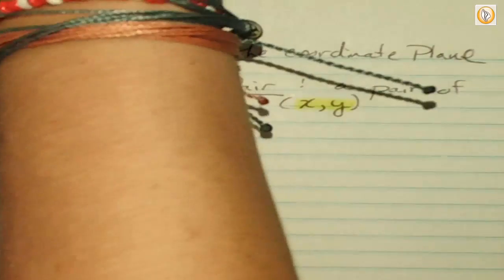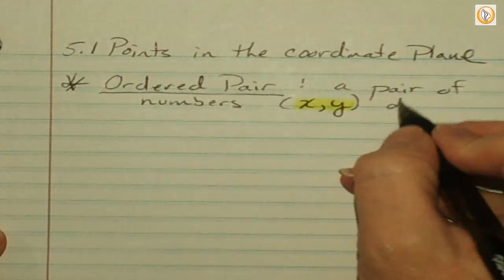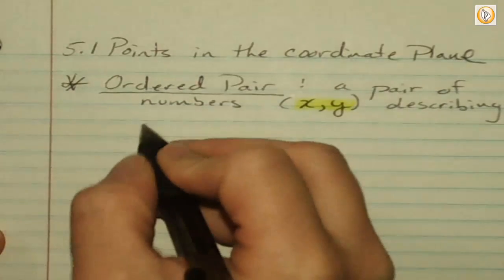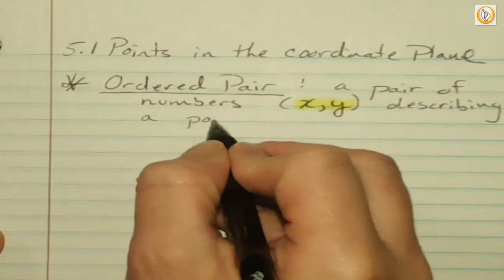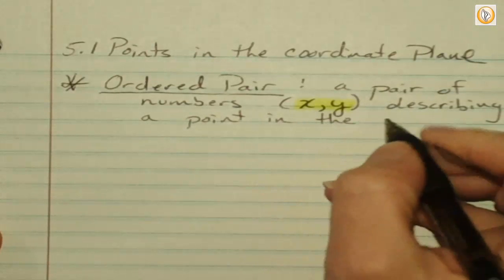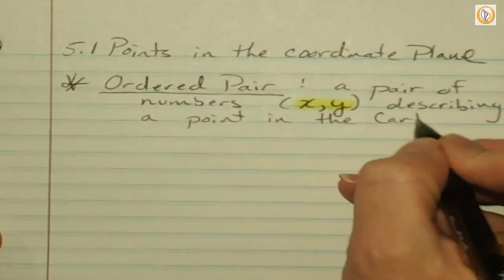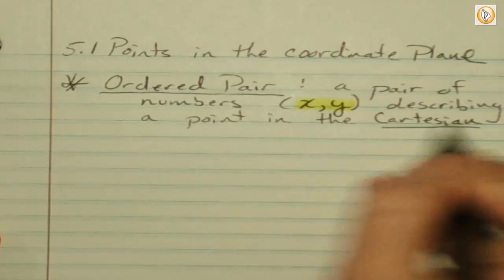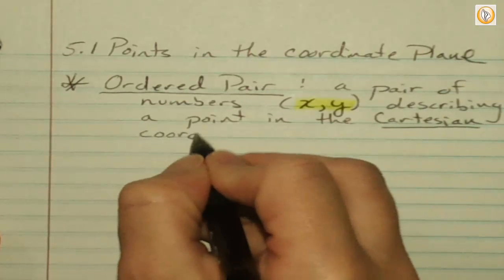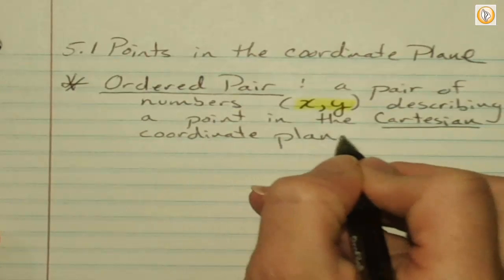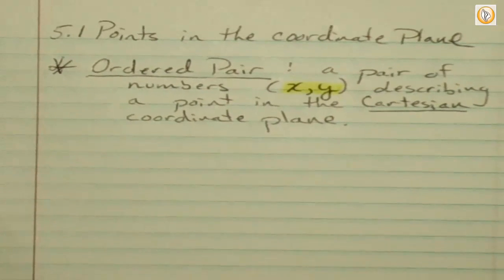Always, always, always. They describe a point in the, sometimes I'll say on the Cartesian coordinate plane. That's what this is called, and I'm going to show you in just a second, okay?